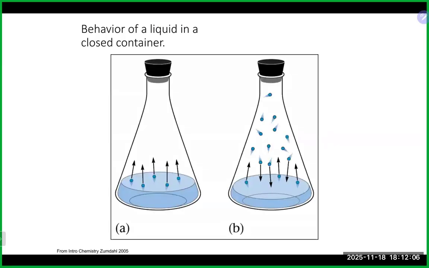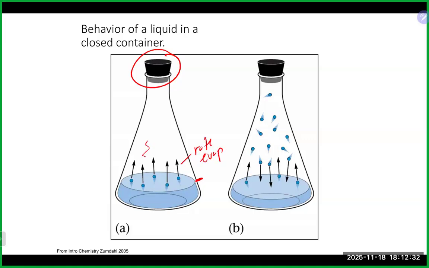Now, if you take a liquid and put it into a container and you actually put a lid on it here, and if you take a look at where the liquid was to begin with when you put it into that container, what will happen in this particular case is you definitely will have a pretty good rate of evaporation happening here at the beginning.